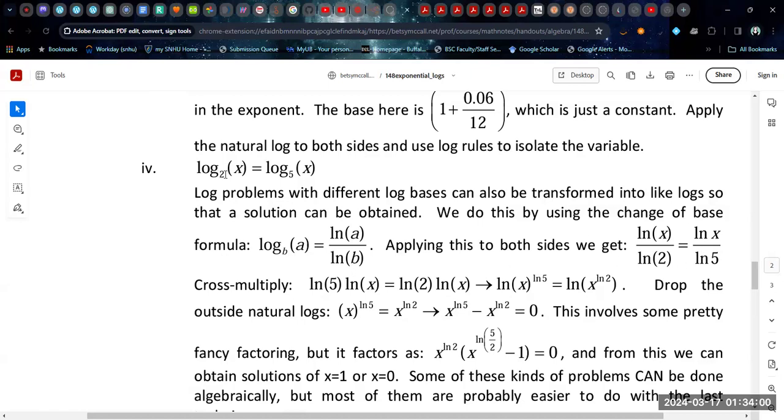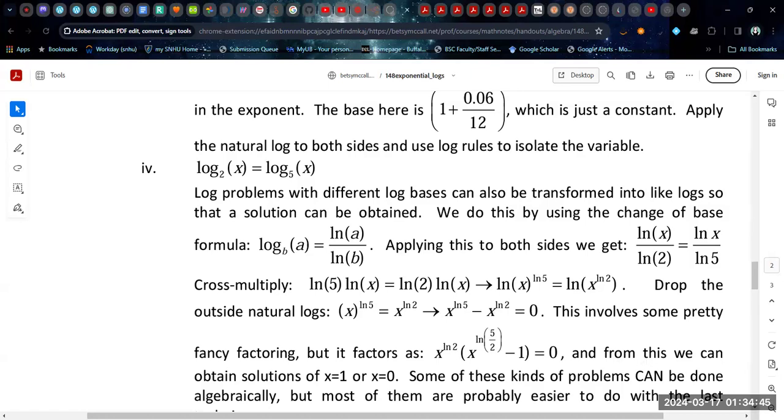So log base 2 of x and log base 5 of x, we're going to rewrite log base 2 of x as log of x over log of 2, and the other side of the equation, log of x over log of 5, and then cross multiply, and so we end up with log of 5 times log of x and log of 2 times log of x, and these multipliers outside the log we can then bring, again using log properties, into the exponents, and now we have log of stuff equal log of stuff, and then we can drop the logs, and then we can proceed from there.